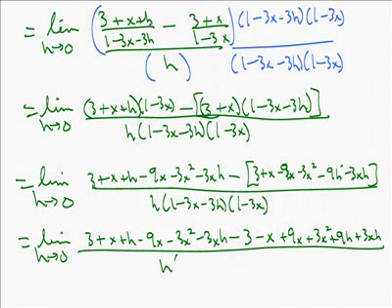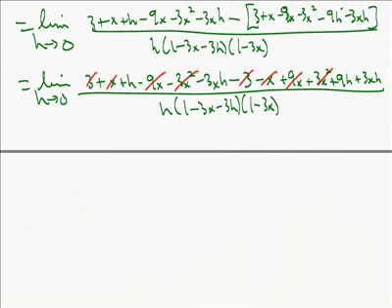All of that divided by h times the quantity (1 minus 3x minus 3h) times the quantity (1 minus 3x). Now we should be able to get rid of everything in the numerator that doesn't have an h in it: positive 3, negative 3, positive x, negative x, negative 9x, positive 9x, negative 3x squared, positive 3x squared. Everything else has an h in it.